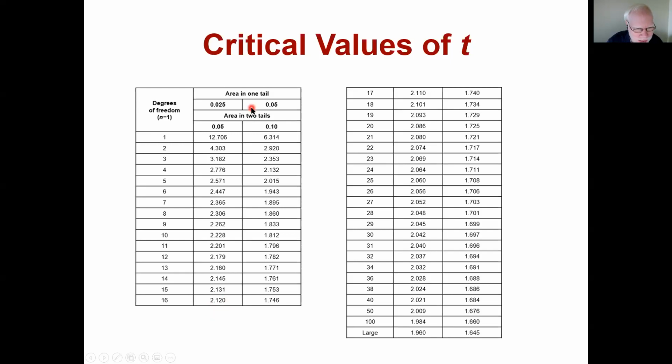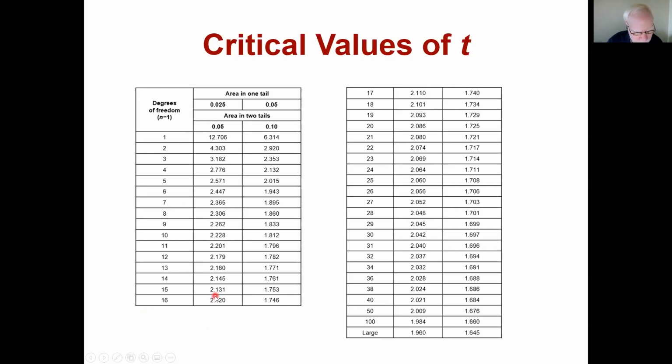If you're doing a one-tailed test, and we're looking at 0.05, so for 95%, we use column 3, so 1.746. So you just have to know whether you are doing a one-tailed test or a two-tailed test, and then find the appropriate value.